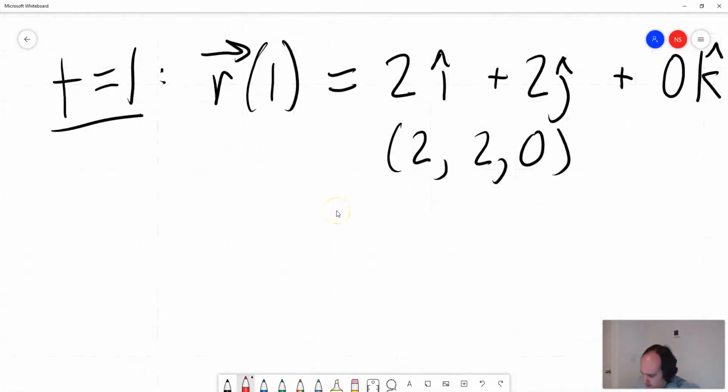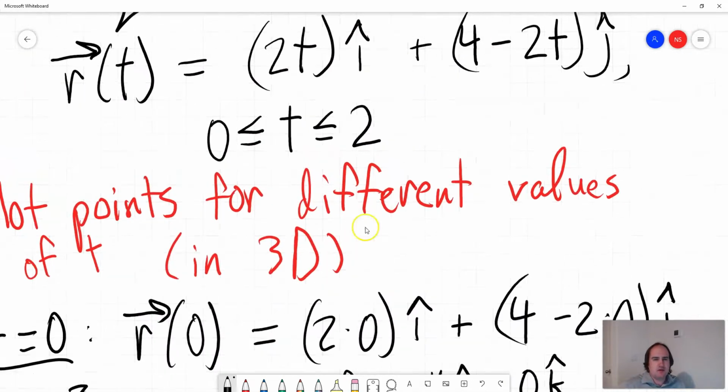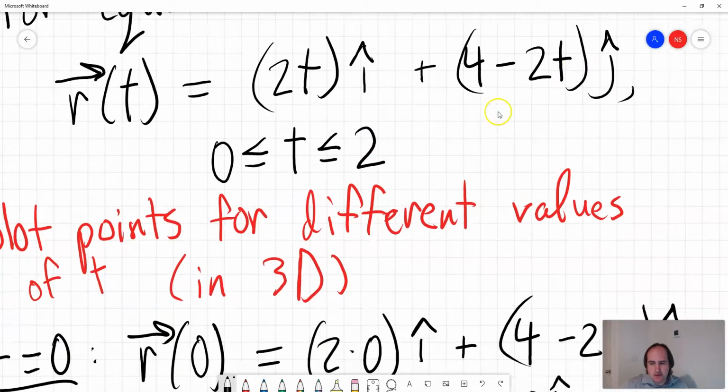Okay? So now we're going to do t equals 2. So when t equals 2, we're doing r of 2. So plugging into the original vector equation, we're going to get 2 times 2 is 4i, plus 4 minus 4 is 0j, and then of course once again we have plus 0k. So we're going to have 4i plus 0j plus 0k.